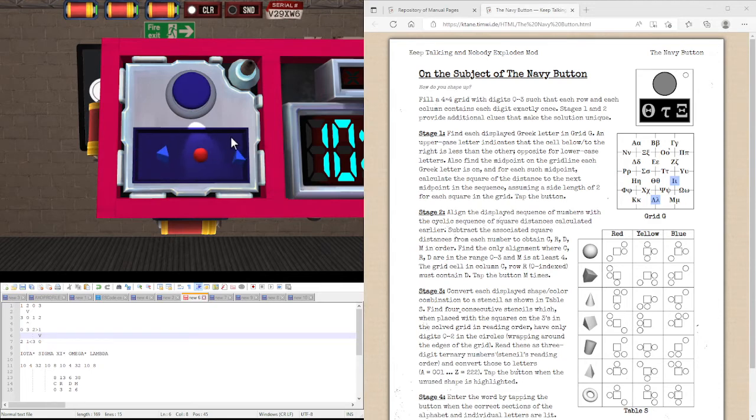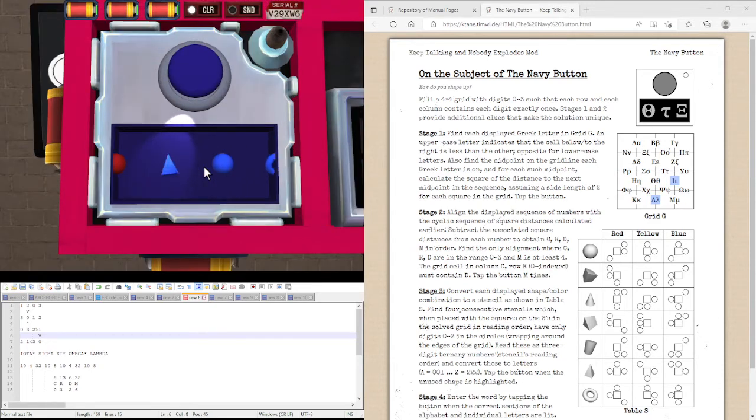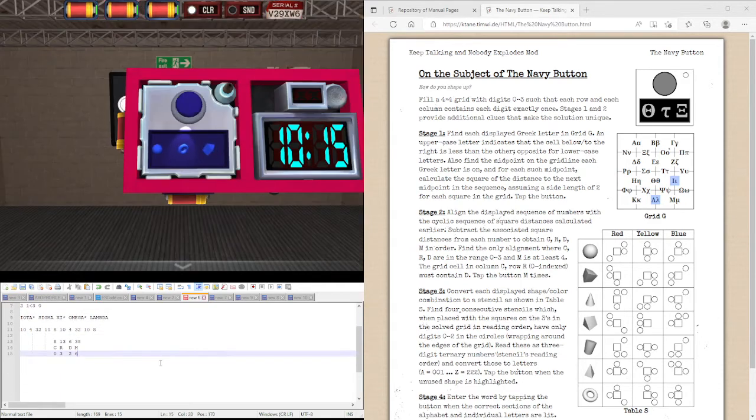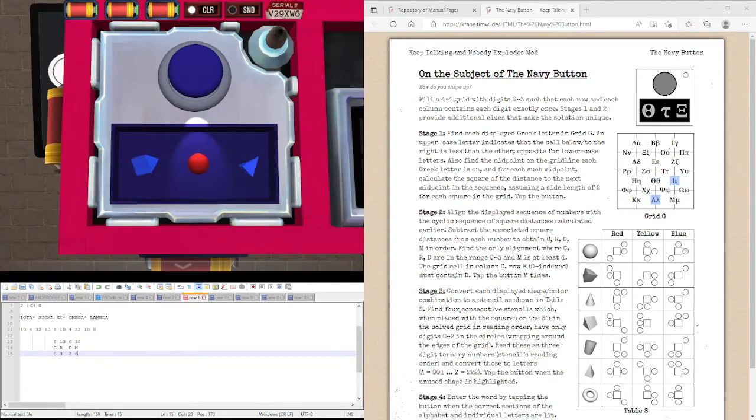So we're going to get these looping, we're going to get 5 looping shapes here. So let's note these down.